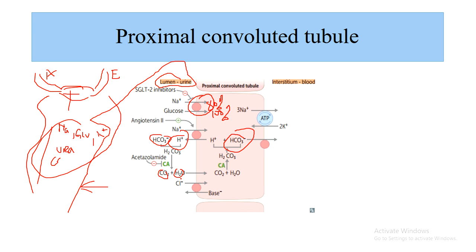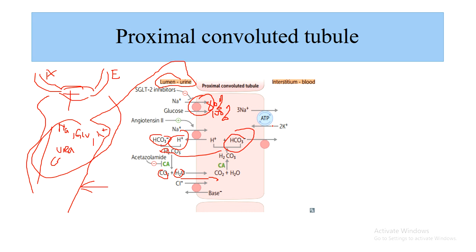And this carbon dioxide and water can pass into the proximal convoluted tubule cells, and bicarbonate is formed, the same as the one that we have right here. So this is the process. This is how we absorb bicarbonate, glucose, sodium, and some part of potassium, of course, gets absorbed.